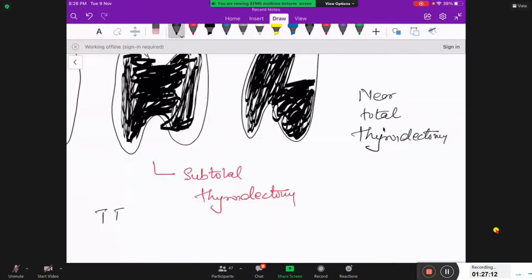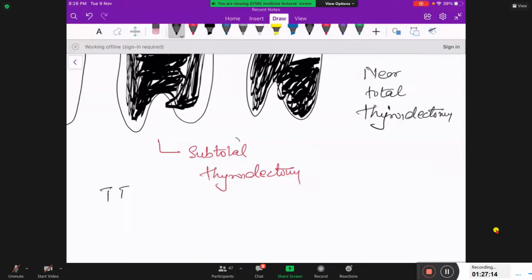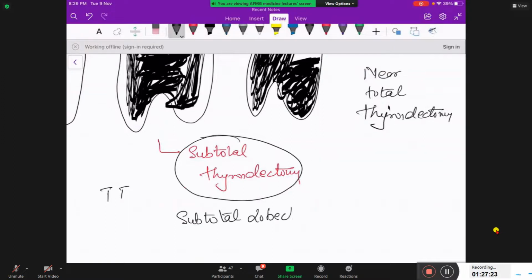So, correct me if I'm wrong. Can I say here in subtotal thyroidectomy that I have done a subtotal lobectomy on both sides with isthmectomy? Yes or no?